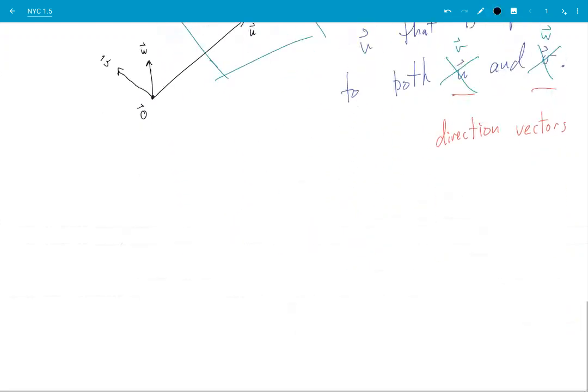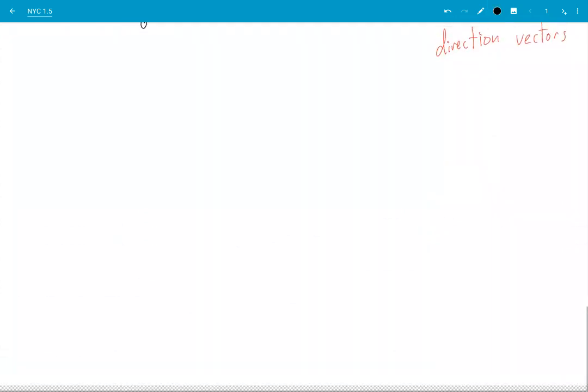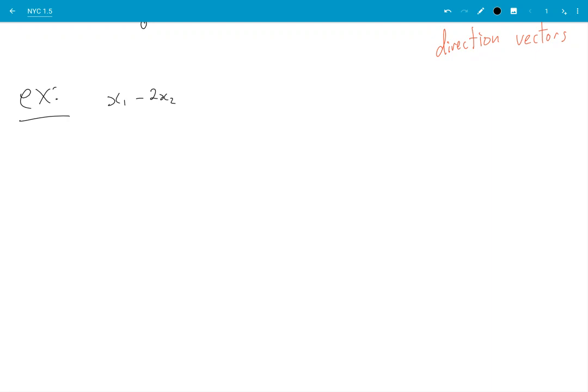Now we can talk about our solution sets in a visual way. Through example, of course, let's talk about a system: x1 minus 2x2 plus 5x3 equals 0. We're going to talk about a system that has all zeros on the right-hand side.